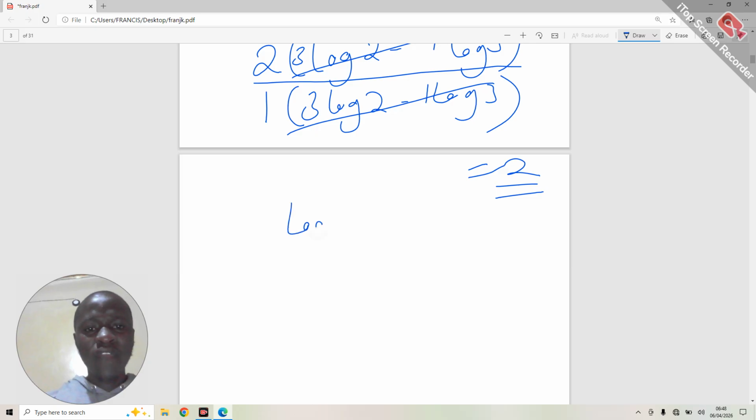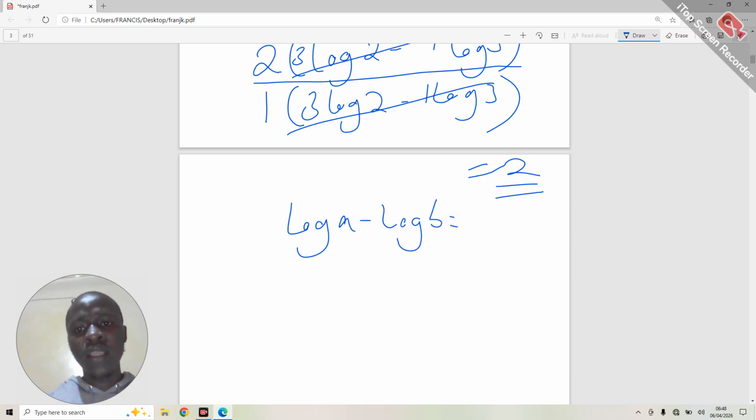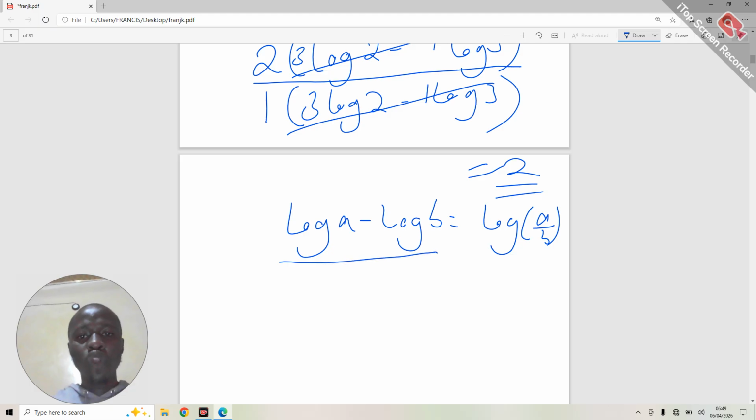For example, log A minus log B is equal to log A over B. This is a law of 2 logs. Log A is the first log and log B is the second. So it is a law combining 2 logs.